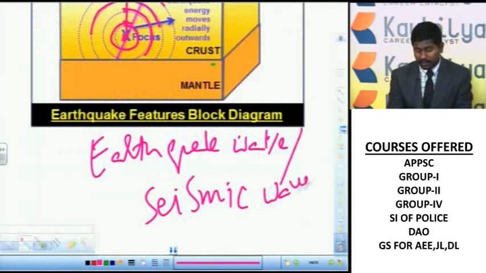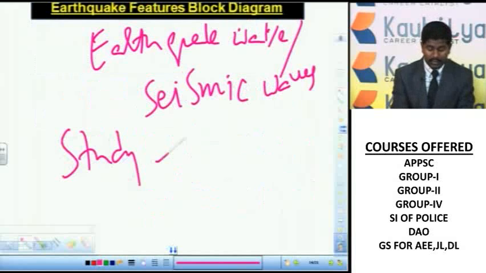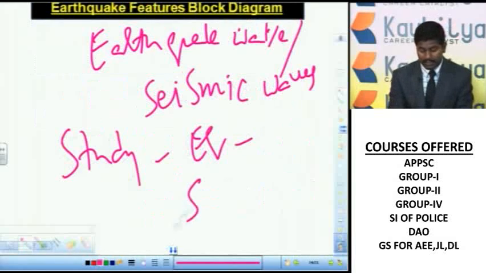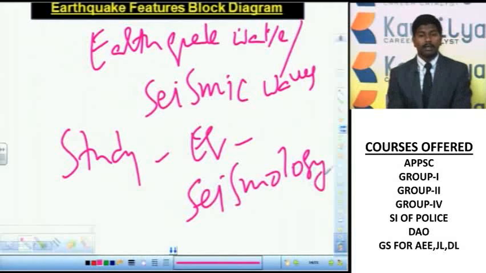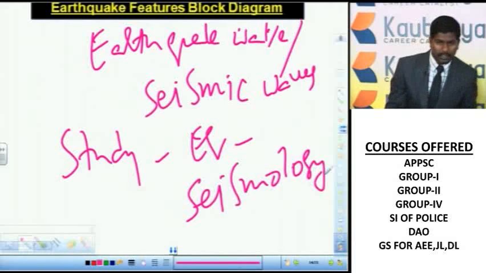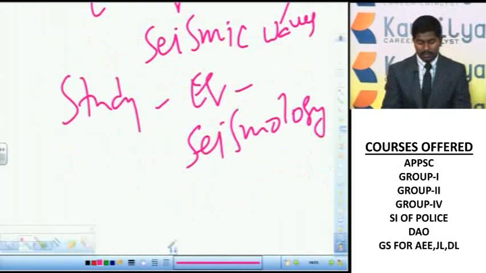I told you this word earthquake originates from a Greek word, seismos. That's why the study of earthquakes is called seismology, and the waves which carry this earthquake energy from the focus to the earth's surface are called seismic waves or earthquake waves.